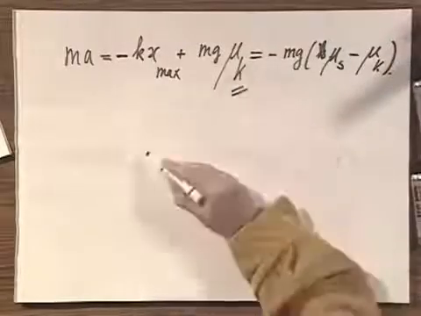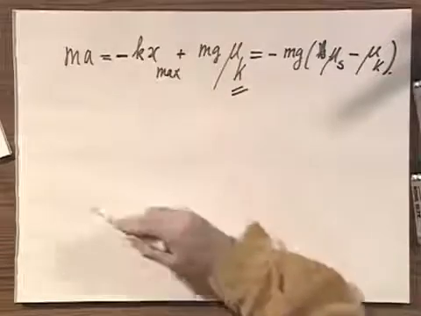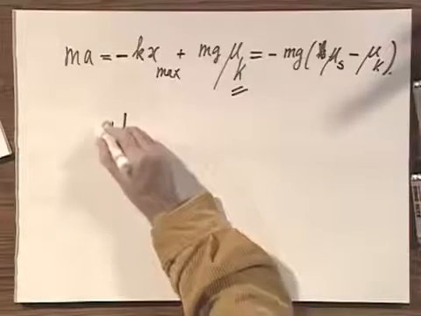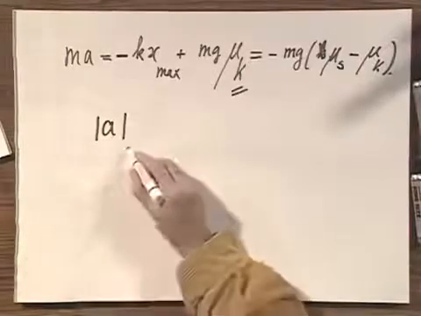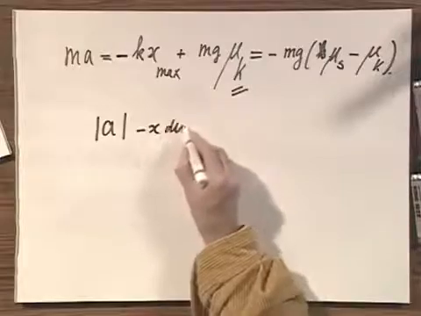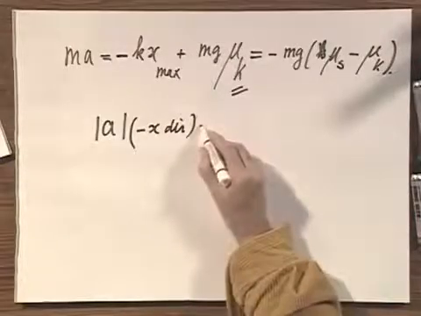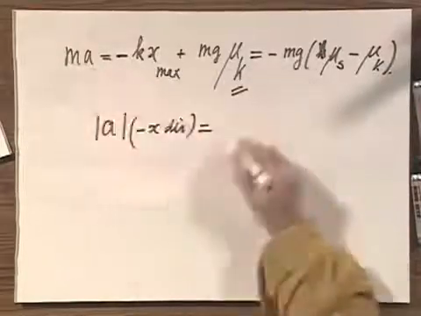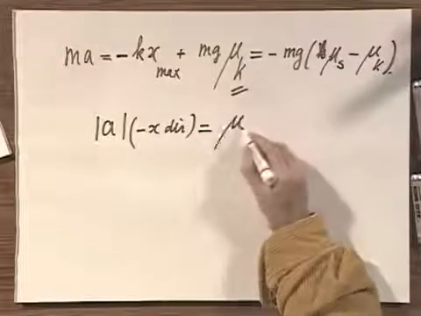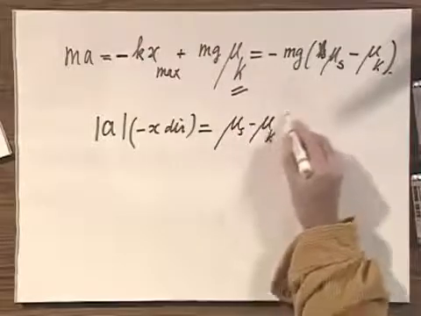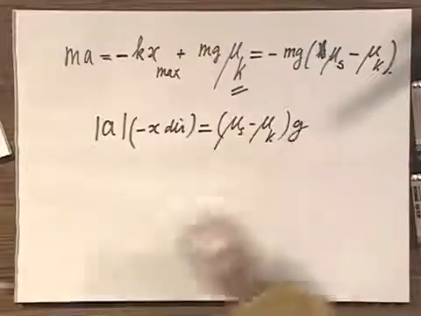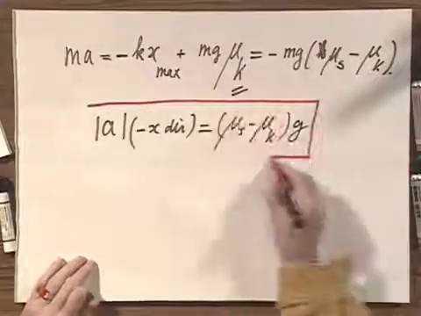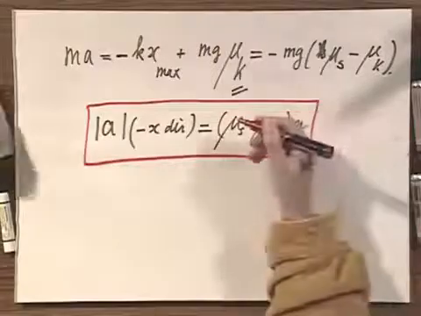I just substitute in here for x max the value that we just calculated. And so the magnitude of the acceleration, which is in the minus x direction, I want to remind you of that, the magnitude of a, m cancels, equals (mu s minus mu k) times g. So that's the instantaneous acceleration once I break it loose.